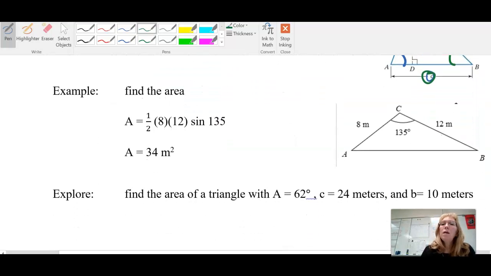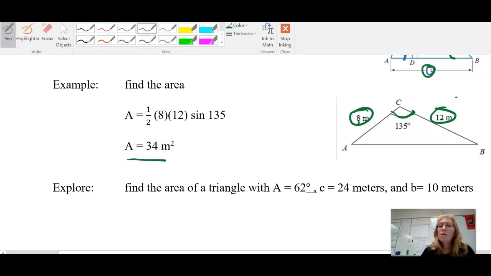So when we go through here, I have side, side, included angle. So it's 1/2 times 8 times 12 times the sine of 35, which is 34 meters squared.